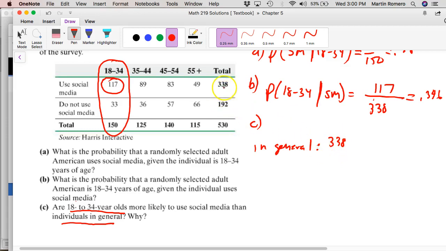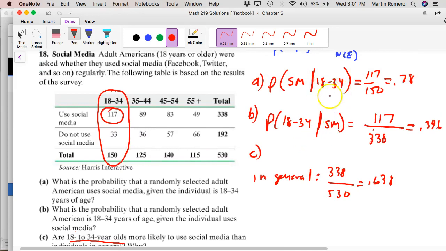That's how many use social media out of 530. Then you divide that, and that's 0.638. Then we want to calculate it for 18 to 34-year-olds.